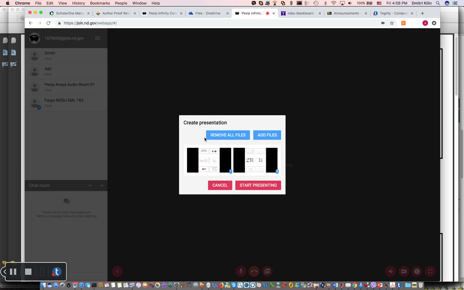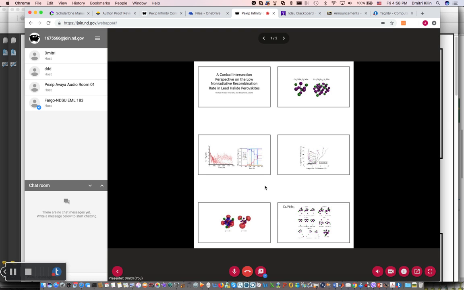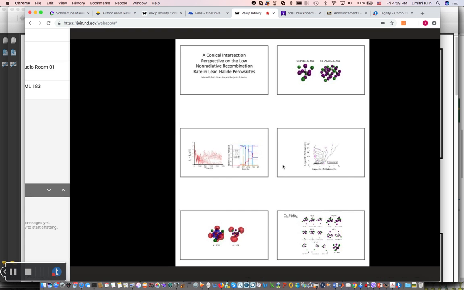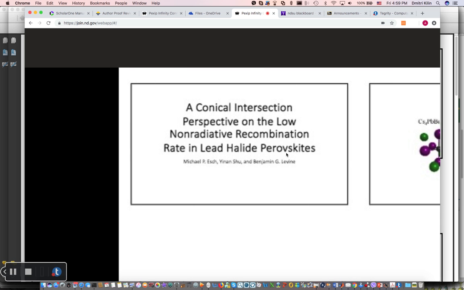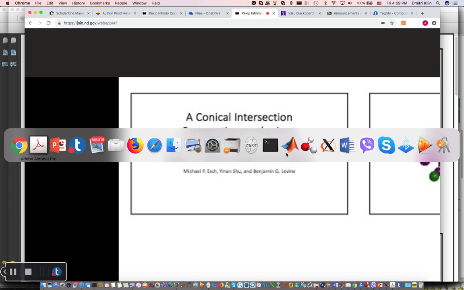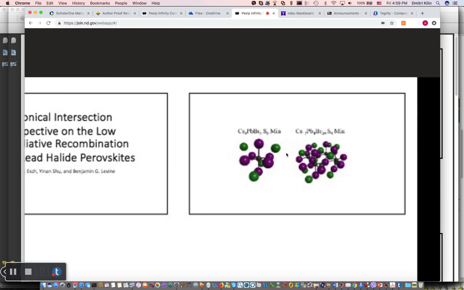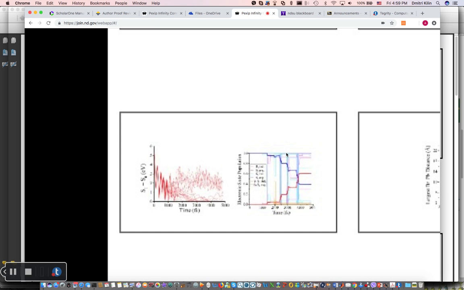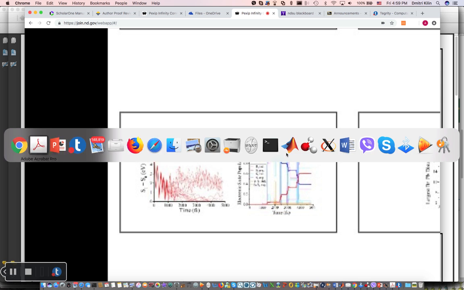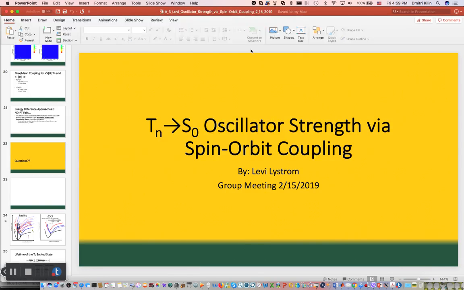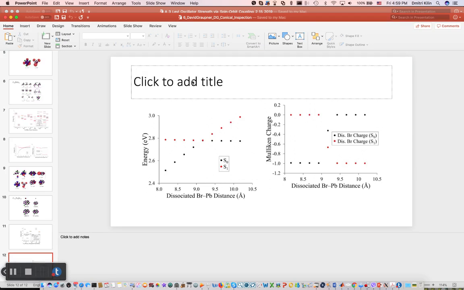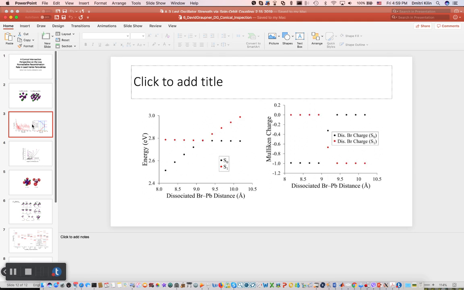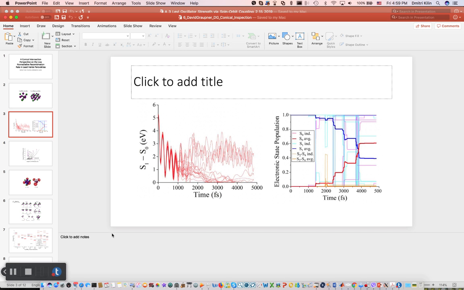So they were using state-average complete active space self-consistent field level of theory for their calculations.